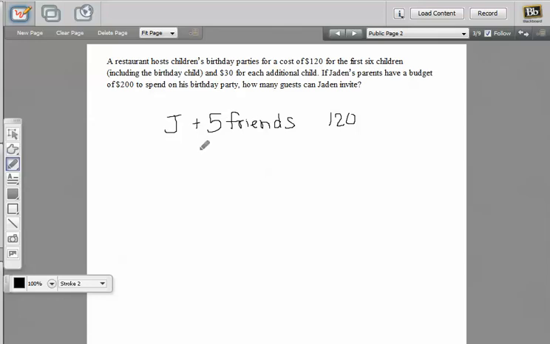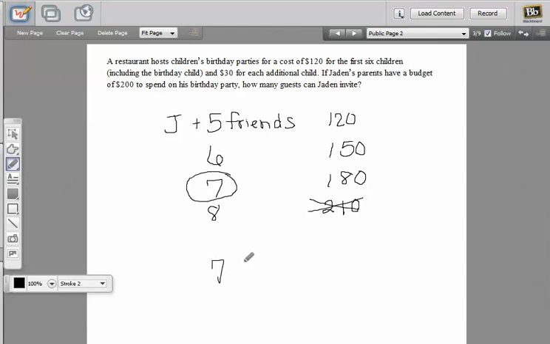So if we're going to have 6 friends, that would bring us to $150, because 120 plus 30 is 150. If we have 7 friends, that brings us to $180. If we have 8 friends, that brings us to $210. But we're a bust there because we only have $200 to spend. So that means Jaden can invite 7 friends to his party because it will cost his parents $180.